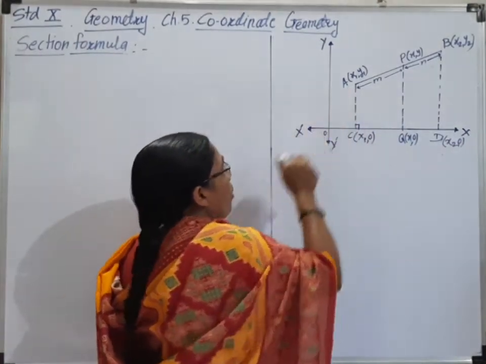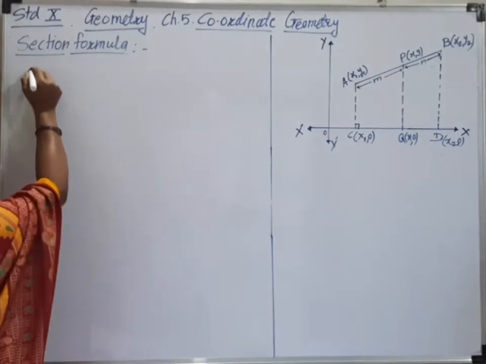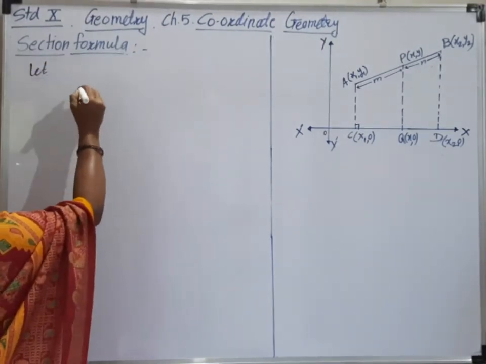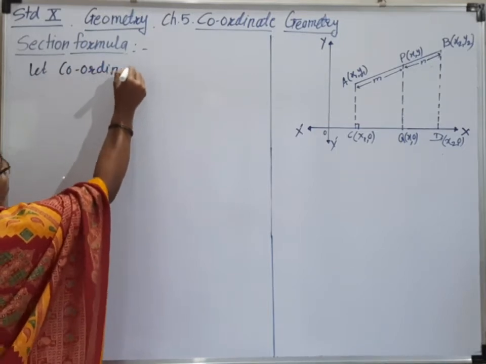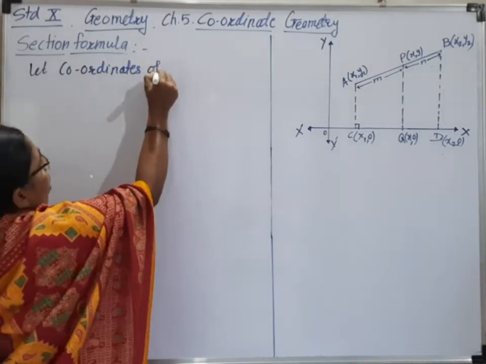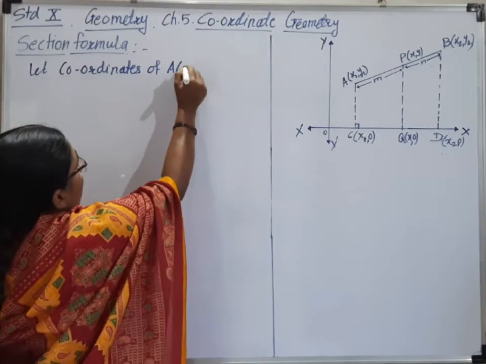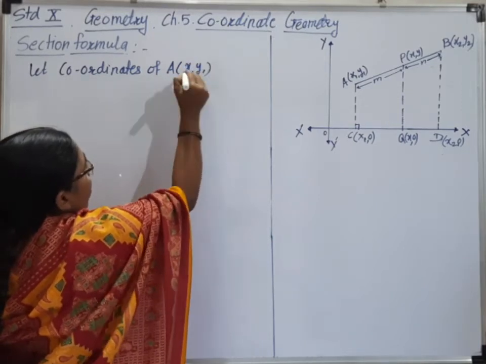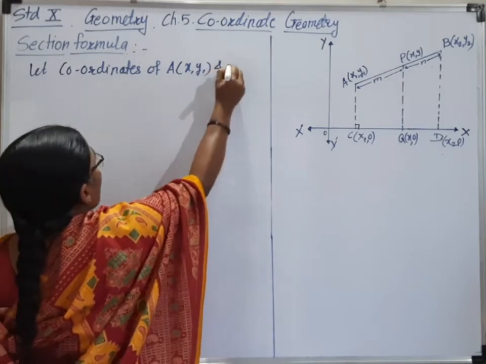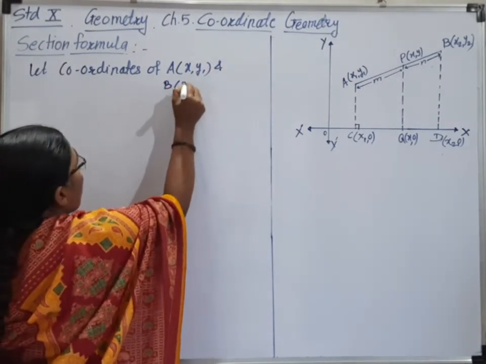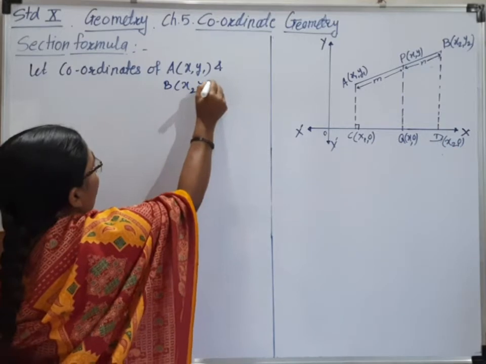Now I am writing here: let the coordinates of A be x1, y1 and of B be x2, y2.